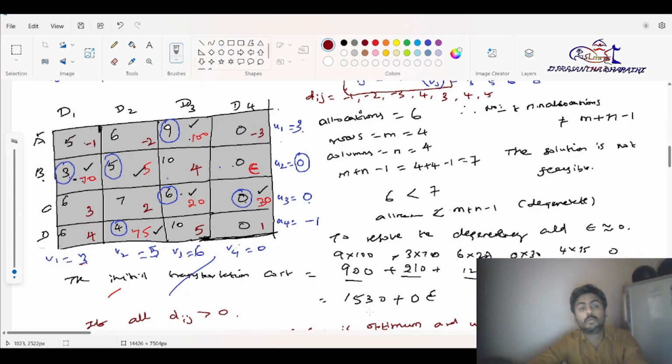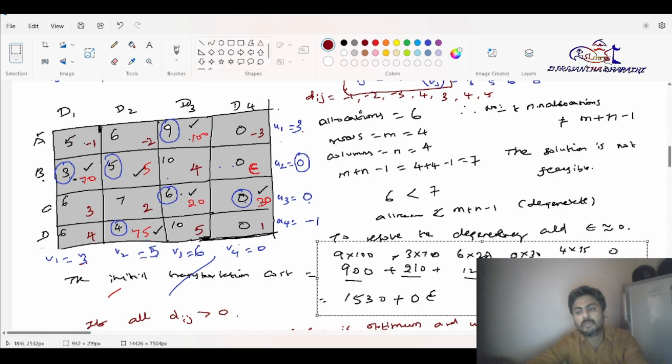What I am going to tell here is, in many textbooks they will not find the cost at this place. When the dij's are negative, it is obvious the cost is not optimum. Since it is not optimum, we should not find the cost.